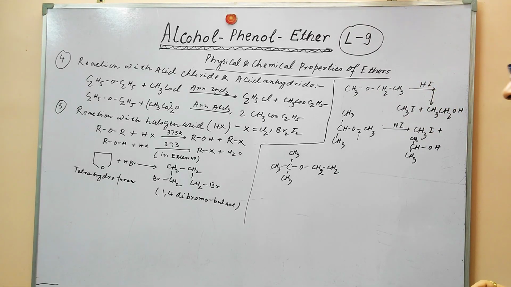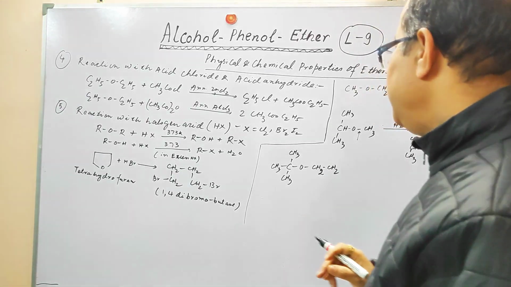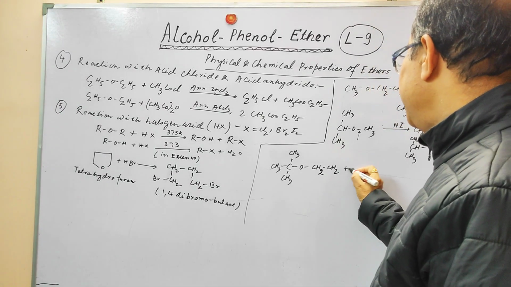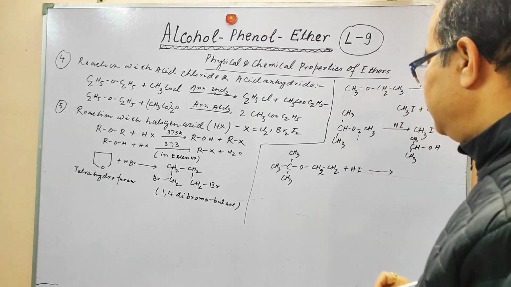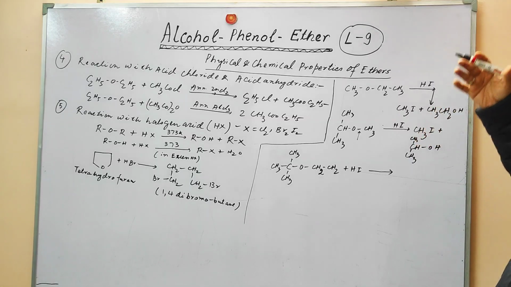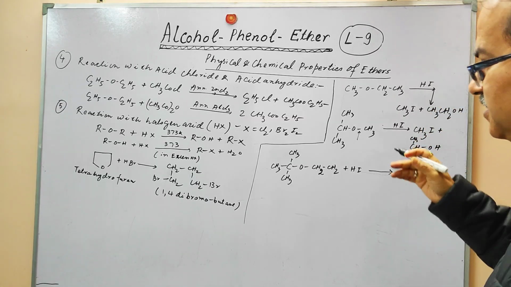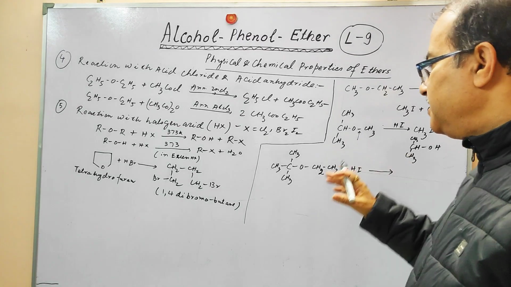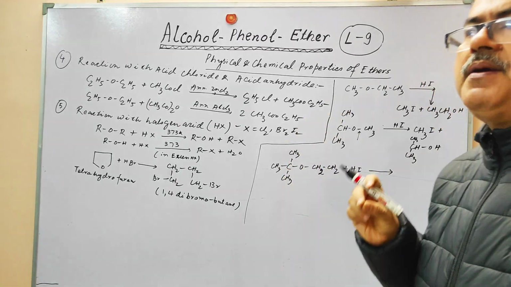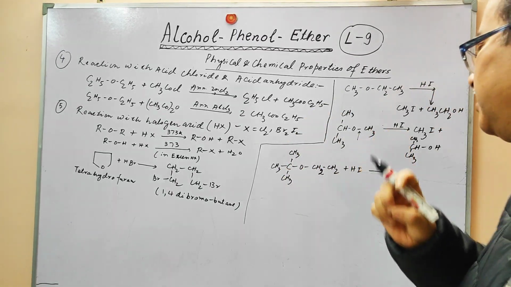This is tertiary butyl ethyl ether. When we react it with HI, what will be the product? The product will be slightly different from this, because in this case the reaction mechanism is SN1 and the product is determined by the production of the carbocation.